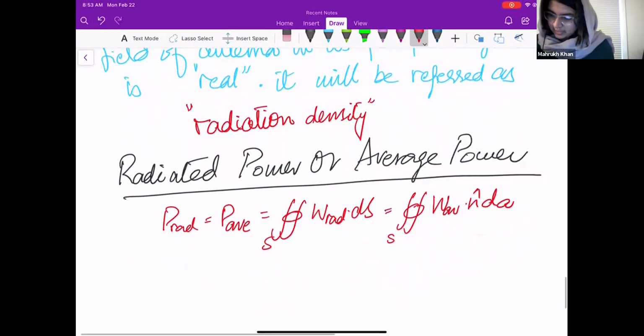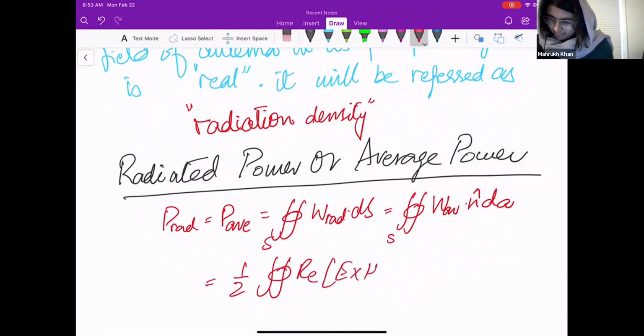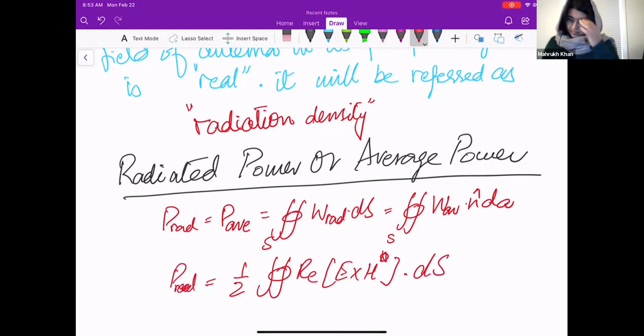So if I just write it, it will be P rad. Another thing is that when we are measuring the power patterns, we are actually talking about this radiated power, okay?